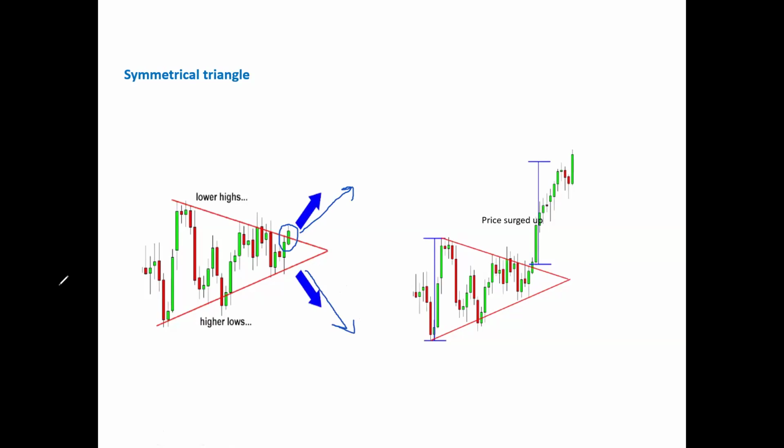So don't forget that price will consolidate within this triangle, building pressure within it, and break out in one direction. For example, here it broke out upwards, so it's a bullish trading opportunity. If it had broken out downwards, it would have been an opportunity to sell. So wherever it breaks out, that is where the market is going. So that's the symmetrical triangle.